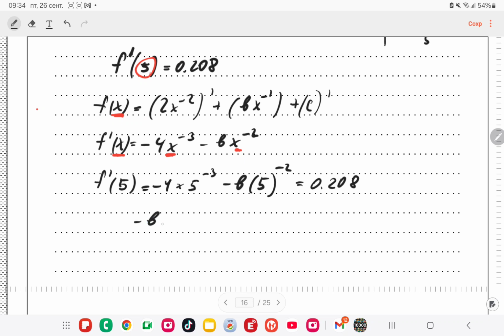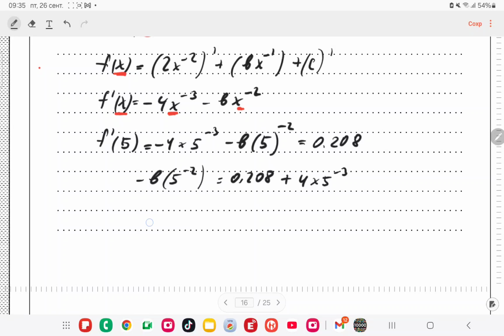So minus b, then we just write straightforwardly like this: 0.208 plus 4 times 5 to the power negative 3, and then b is equal to, we just simply divide. So that's how you will type it in your calculator. If you know another approach, feel free to use it. It's not required to use exactly this way. Okay, and b is equal to negative 6.